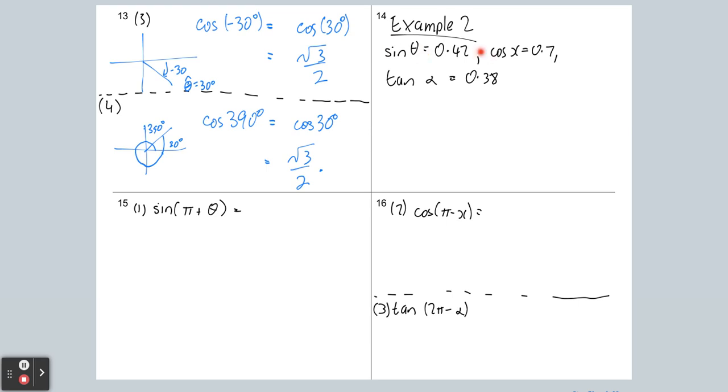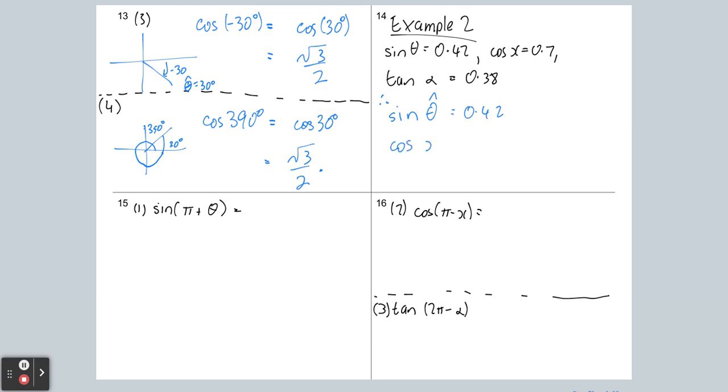So we have the sine of theta is equal to 0.42. We have the cosine of x equaling 0.7, and the tan of this funny symbol here, which means alpha, so the tan of the angle alpha is equal to 0.38. Now, for all intents and purposes, because all of these three values are positive, we can take it that these are equivalent to saying that the sine of theta hat, the reference angle, the base angle, is 0.42.